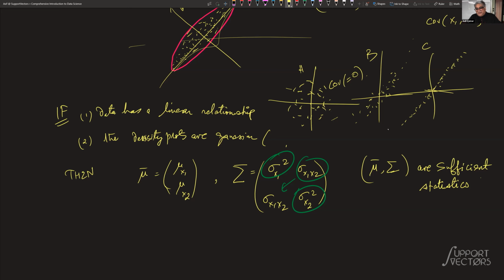It is enough to capture the essence of the data, or in other words, in some sense, to be able to roughly recreate the data. If all you knew is the mu vector and the sigma, the covariance matrix, then you can, in a sense, regenerate the data, or something that looks like the original data, not exactly the data, but something that looks like the original data, which I hope is geometrically obvious to you from what we are doing.